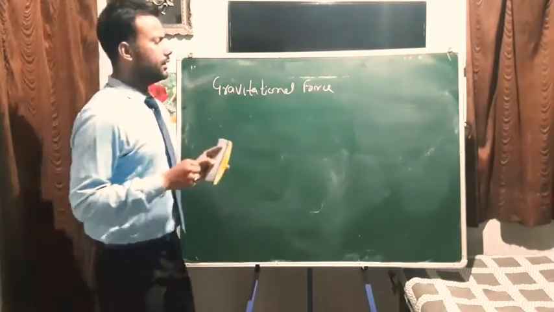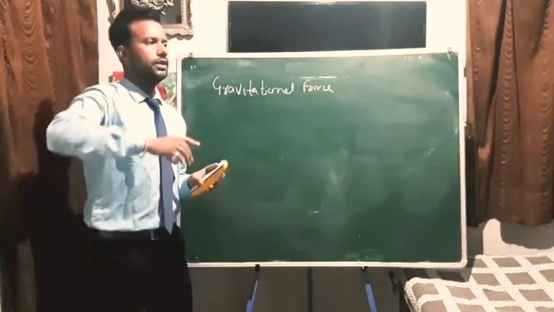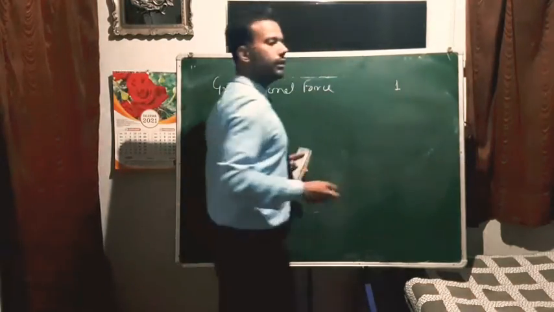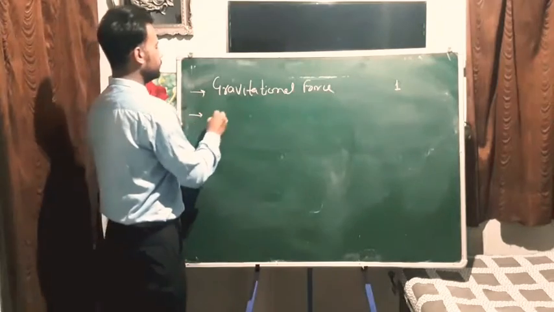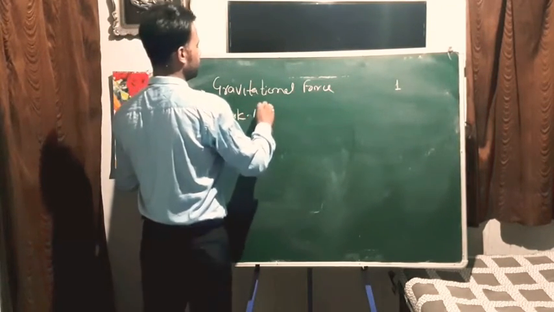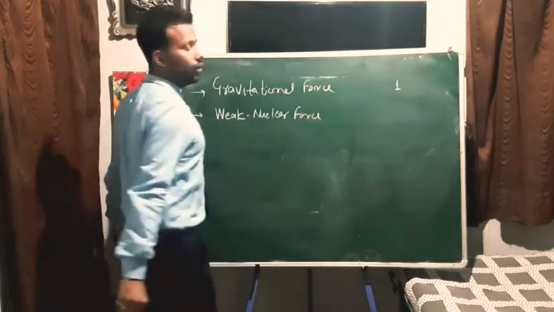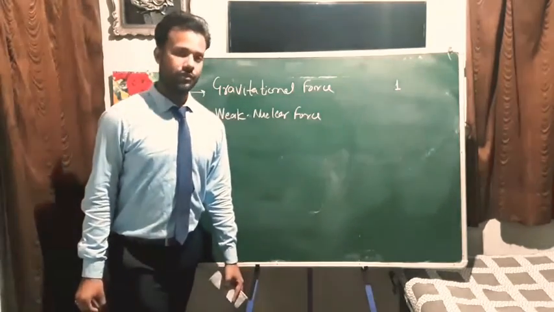Let's say the magnitude of the gravitational force is taken to be 1. Then the next powerful force is the weak nuclear force. Although the name is weak, it is stronger than the gravitational force.